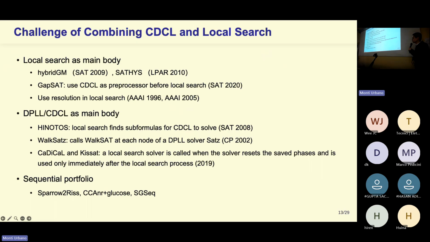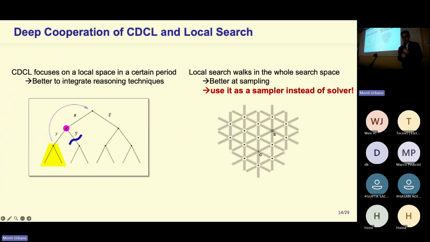But the common limitation is that these hybridizing methods take these 2 solvers as having complementary solving ability. So they focus on when to activate which one to solve the formula.